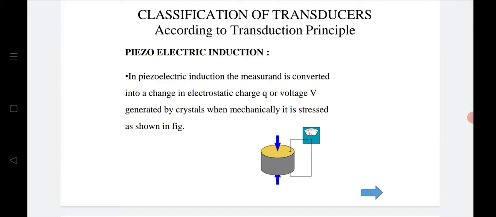This is known as piezoelectric induction.